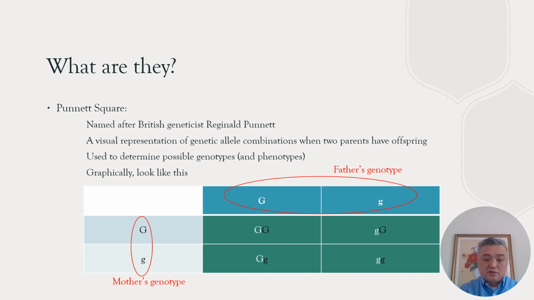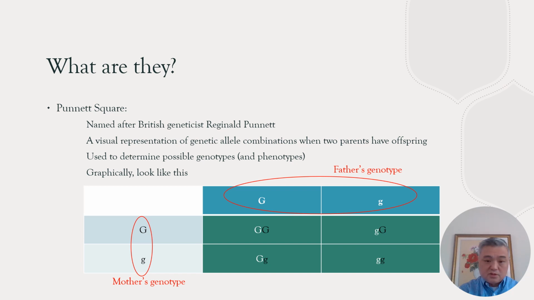The father happens to be heterozygous for a gene, that is, he has a dominant big G and a recessive little g for a particular gene. And I've represented here for clarity the father's alleles as letters in white.